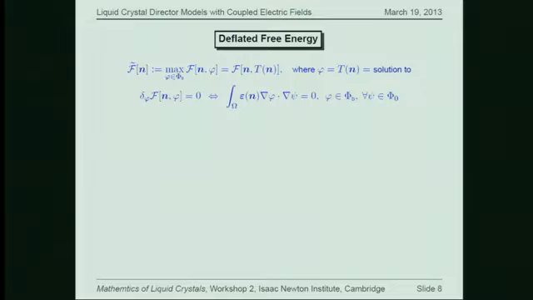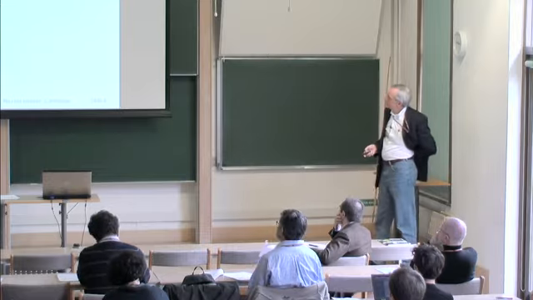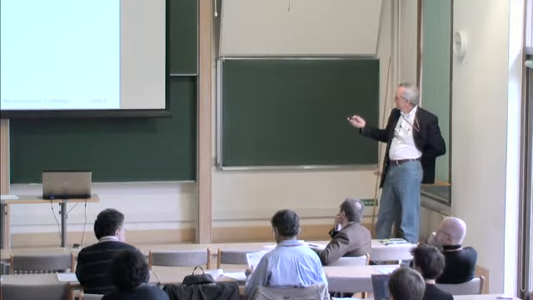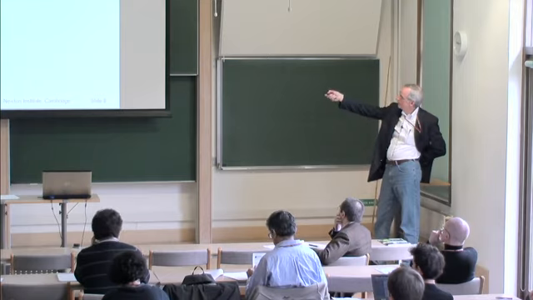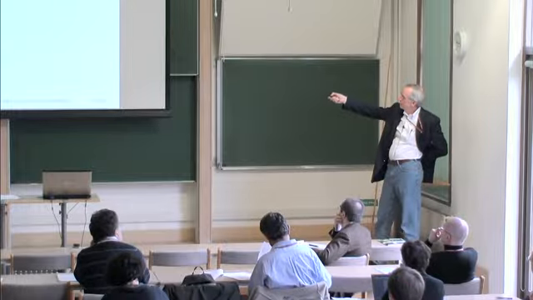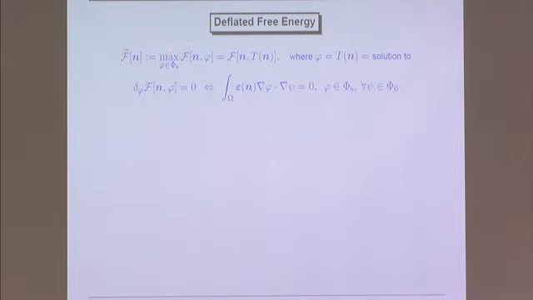So if you adopt that point of view and want to use that to derive some version of a stability criterion, it leads you to forming what I refer to as a deflated free energy, where I take my full free energy involving the coupled variables n and phi, and I remove the phi variable.